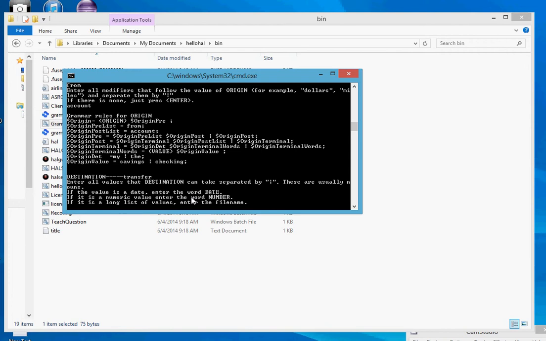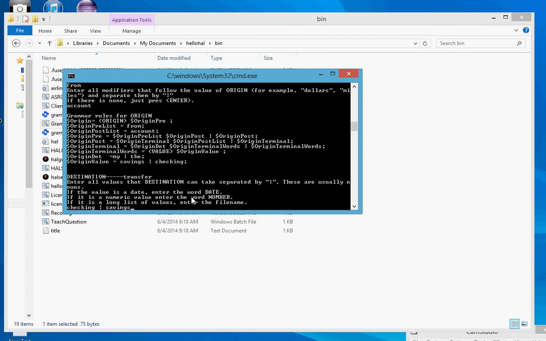So we move on, and now it's asking us about destination. Now, you can imagine that destination is defined exactly as origin because it's going to be, again, the different types of accounts. So, what are those accounts? Checking or savings. And then the only thing that is going to be different is the preposition because people will not say from in this case. That preposition was for origin. They will say to or into.